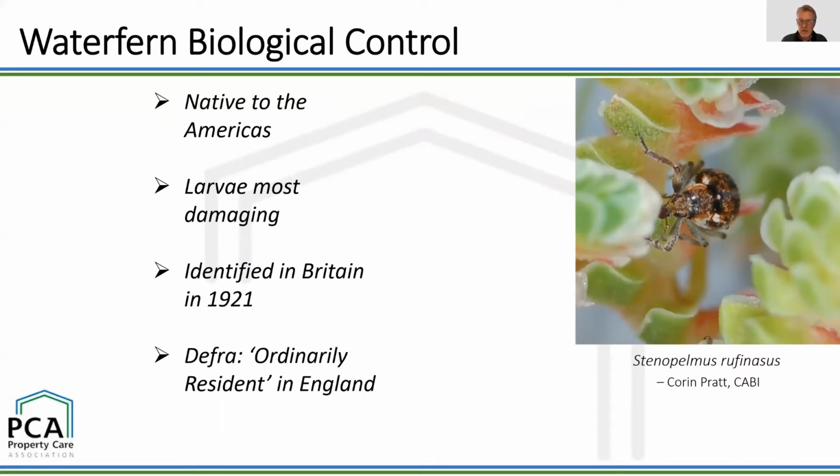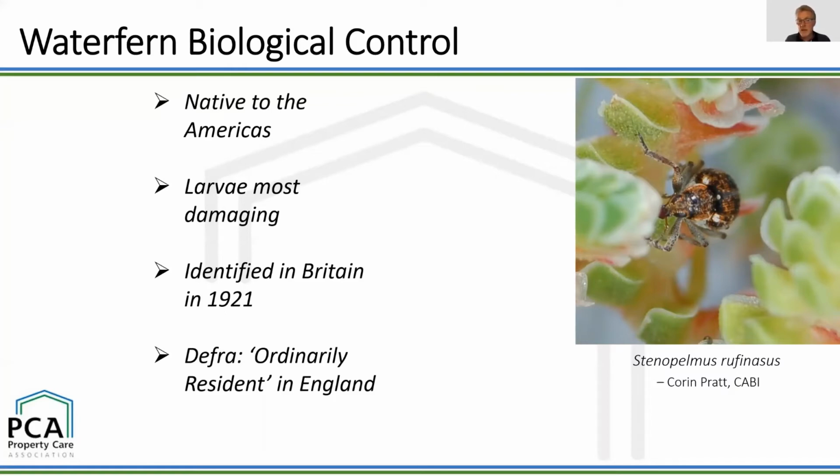A former colleague of mine, Corinne Pratt, has kindly given me a few photographs of the Azolla weevil, which is Stenopelmus rufinasus. This little weevil, which is a type of beetle, is native to the Americas, and it was identified in Britain in the early 20th century.